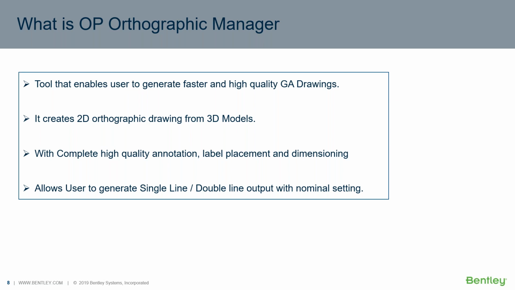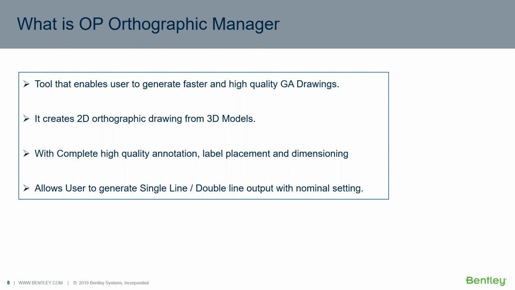So majority of the time people will have their own standards to follow things in a particular way. For example, a certain service will be shown in one particular color, another service in a different color, equipment color would be different, and the representation of pipe, whether you want to show a parallel line or a single line.